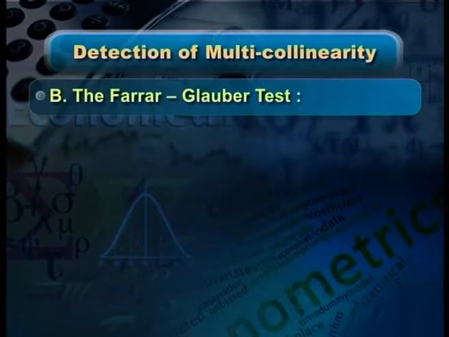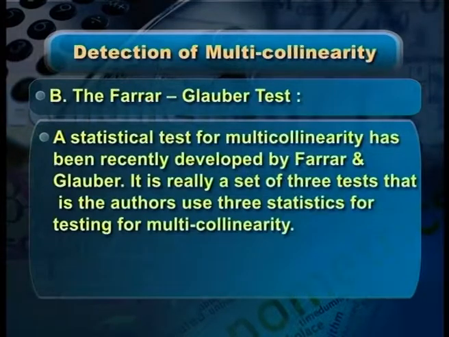Apart from this Frisch's confluence analysis, there is another important test to detect the problem of multicollinearity, that is the Farrar-Glauber test. This test has been recently developed by Farrar and Glauber to detect the problem of multicollinearity. Actually, the Farrar-Glauber test is a set of 3 tests, or it is an amalgam of 3 tests.